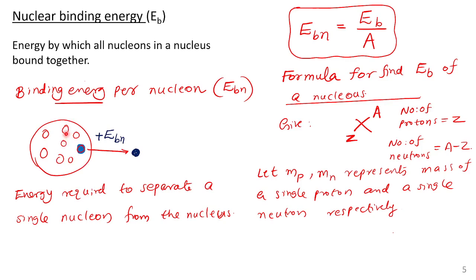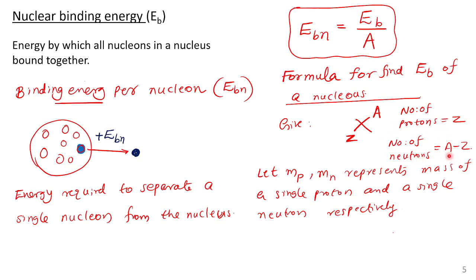Before explaining the formula, let me explain some important terms, important letters. To find out binding energy, first of all you will be given the element. The lower number is the number of protons, denoted by Z. And the upper number is the total number of nucleons, A. The difference, A minus Z, is the number of neutrons.